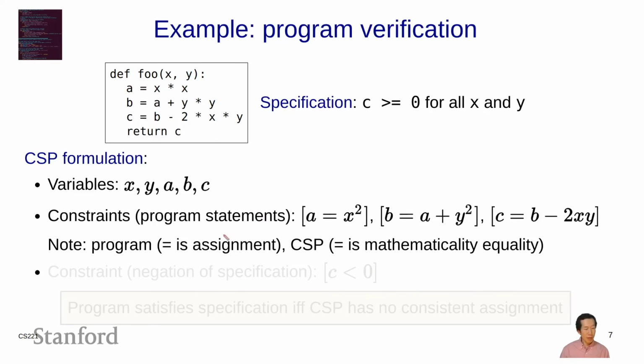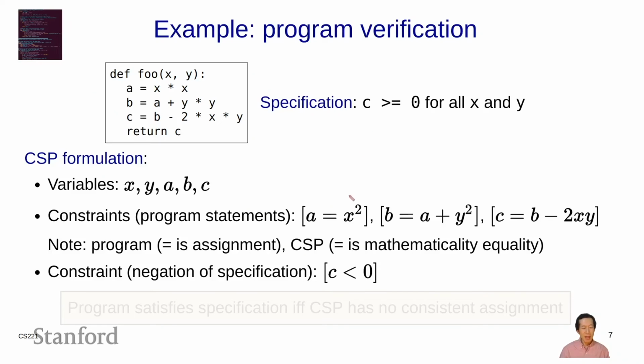So now there's a final constraint for the specification, and this is also kind of interesting. Note that we wanted to check that c is greater than 0 for all x and y, but we're going to negate that here because CSPs are only looking for the existence of a particular assignment. CSPs can't natively check all possible assignments.